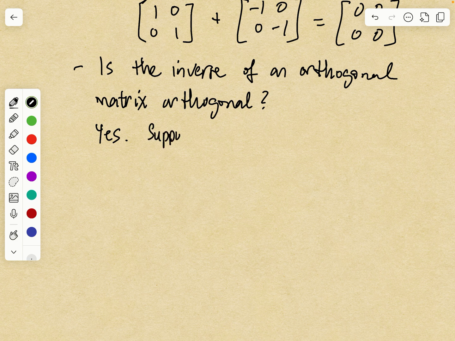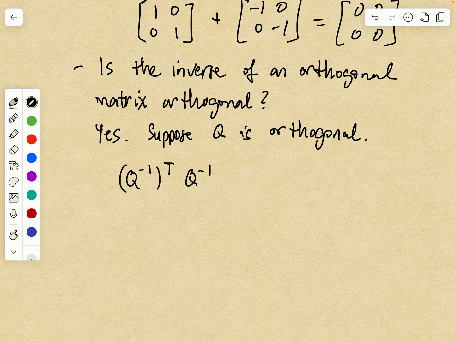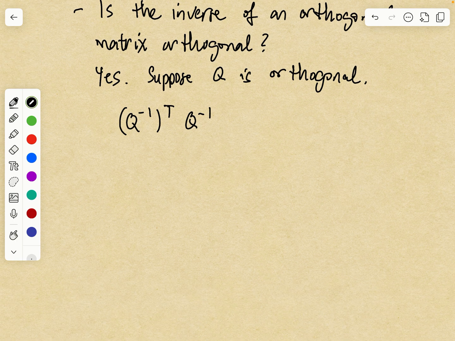So suppose that Q is an orthogonal matrix, we want to check that Q inverse is orthogonal. So we need to multiply Q inverse transpose by Q inverse and check that this is equal to the identity matrix. Well, Q inverse transpose is the same as Q transpose inverse. That's a general fact about transposes.